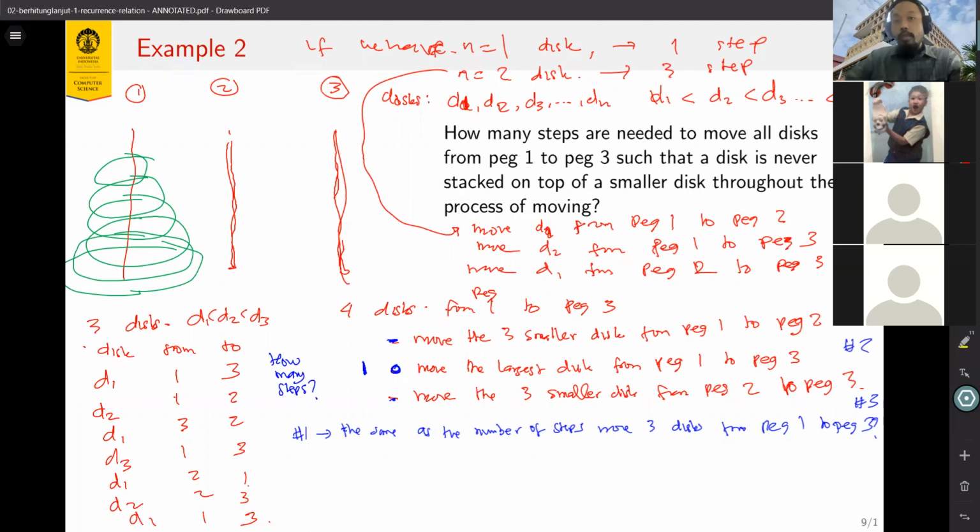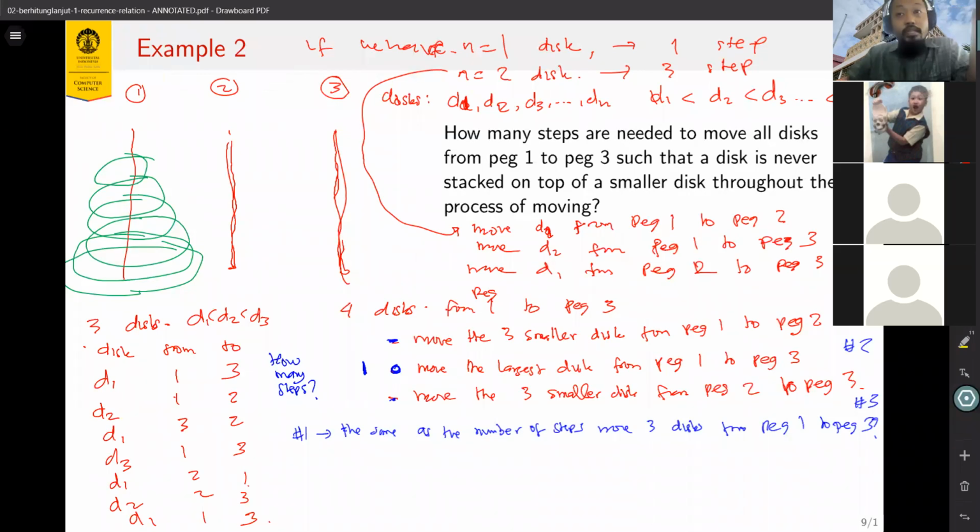Do we still have the same thing? Yes, still the same. Two disks from peg 1 to peg 3 is the same as the number of steps moving two disks from peg 1 to peg 2, right?